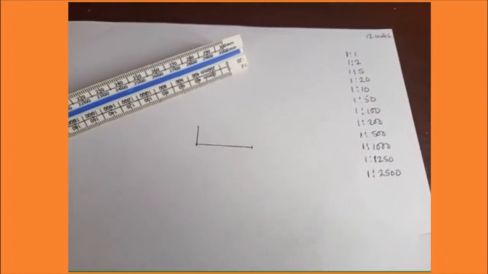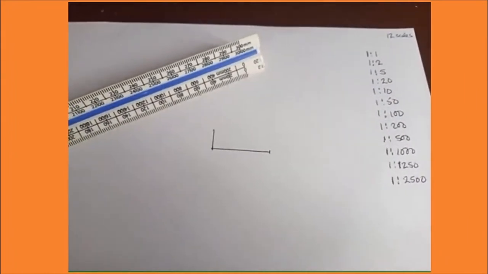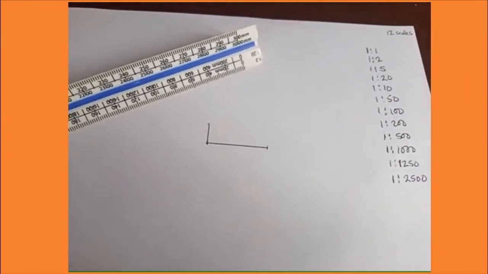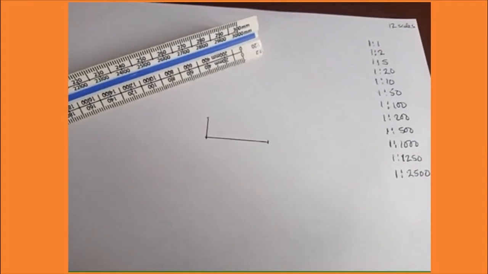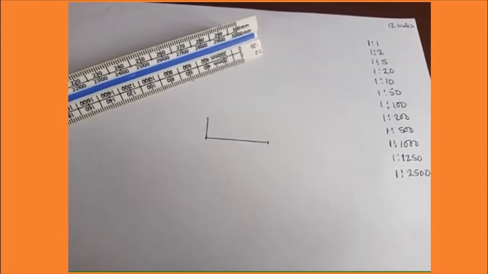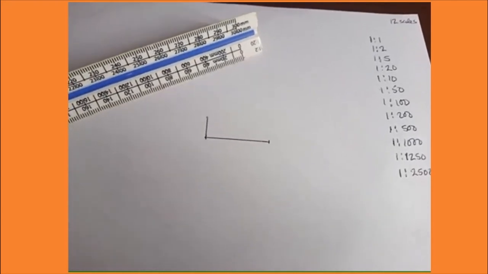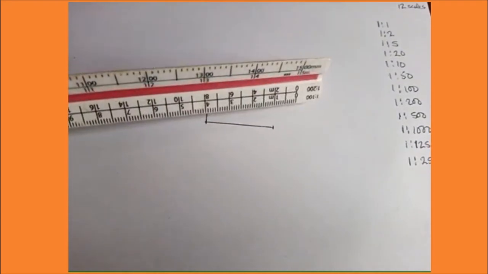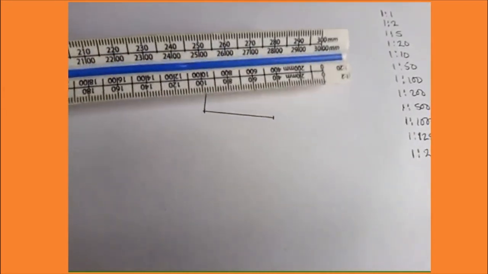So let us look at a metric scale that measures in millimeters and meters. That is the scale that we are going to use. And this is an example of a scale rule.